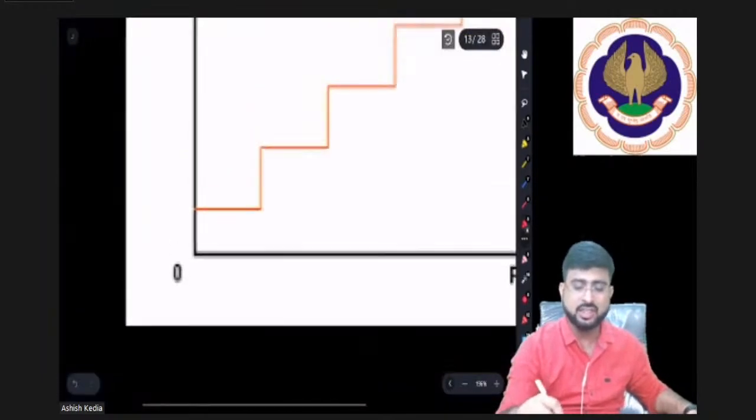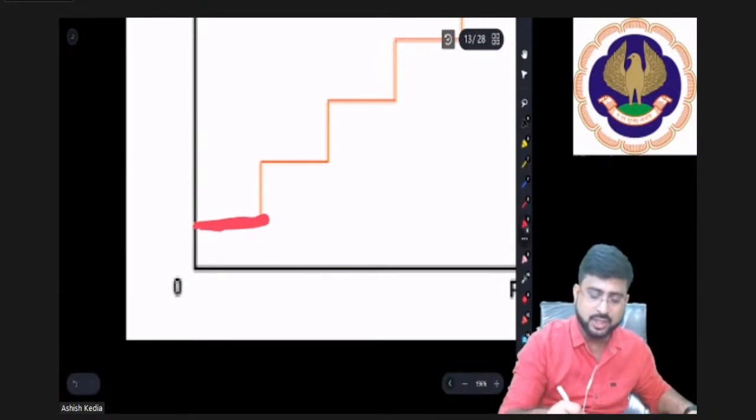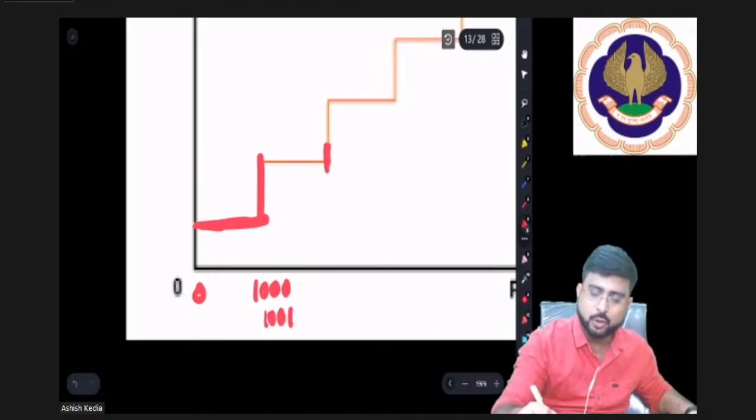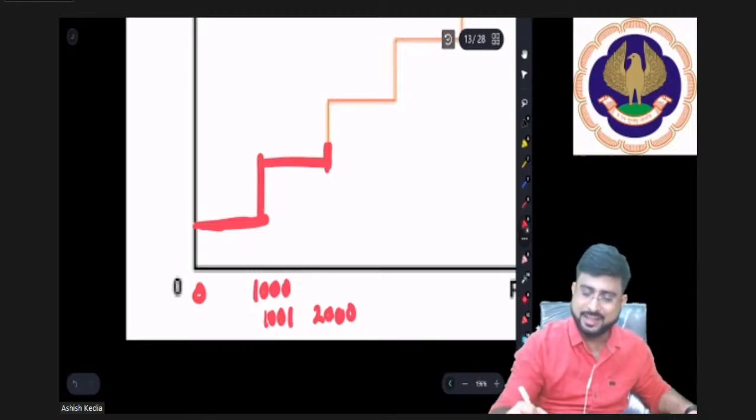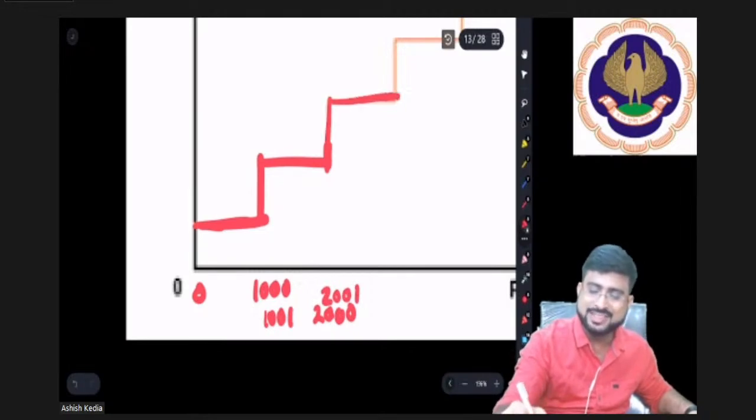So you see, from 0 to 1000 it is fixed, but it immediately increases as we move from 1001 to 2000. Again within this level it is fixed, and again it increases when we shift from 2001 to 3000.